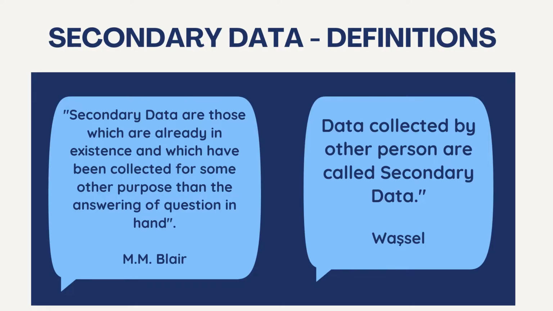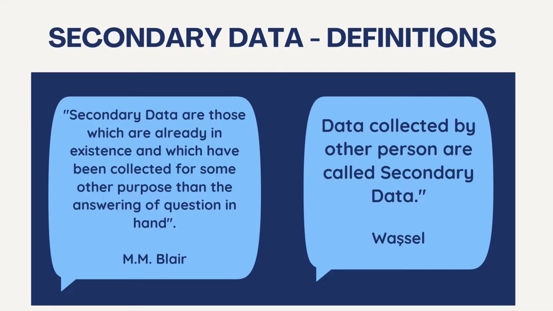If we talk about the secondary data definition, we also have studied this in the previous video, but just to revise it, we can go through it. We can say that secondary data are those which are already in existence and which have been collected for some other purpose than the answering of the question in hand. This definition was given by Blair.